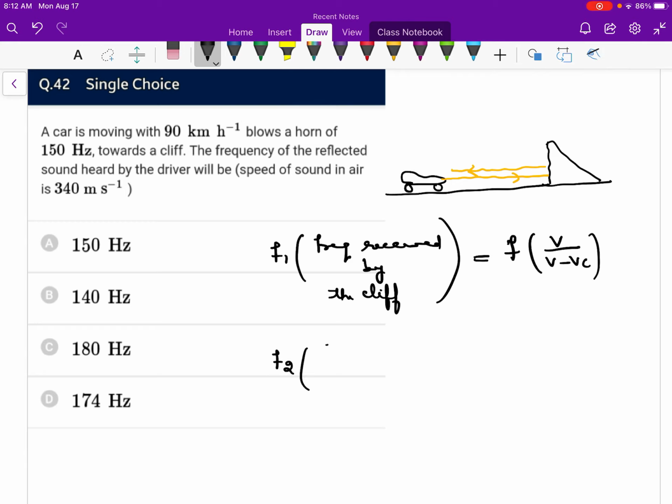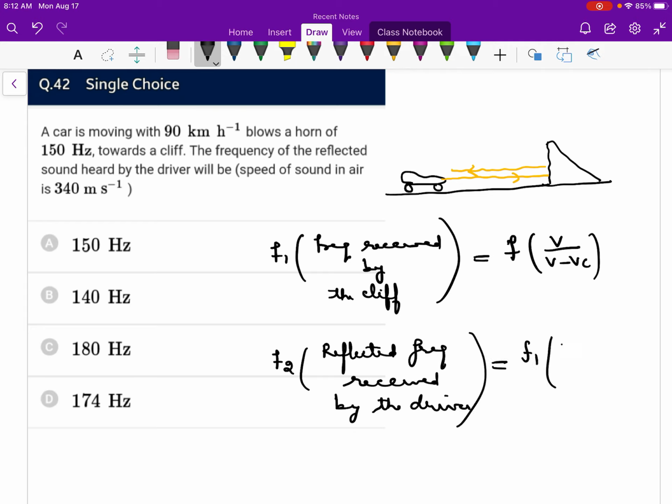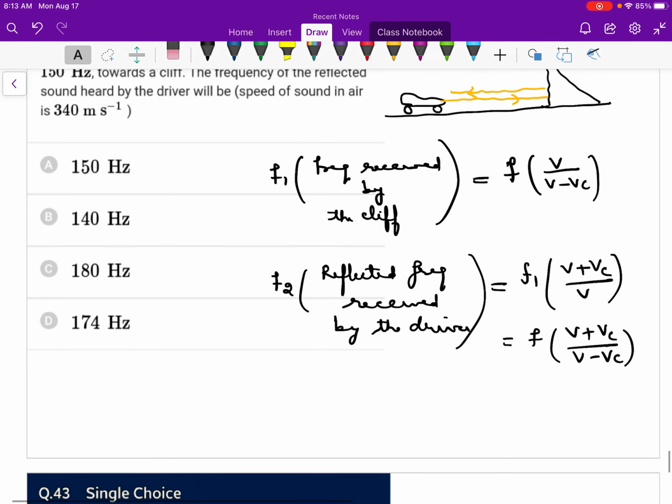Okay, this is F1. Now the reflected frequency received by the driver is F1 into (V plus Vc) upon V, and substituting the value of F1, this is F (V plus Vc) upon (V minus Vc).